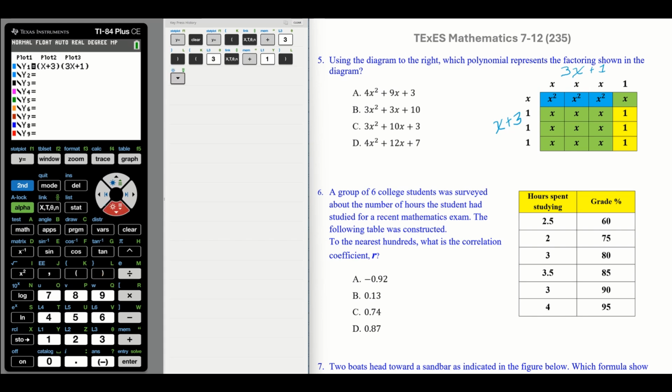Now, I'm going to come down and do a little FOIL on that. Well, I see. I think it's going to start with 3x squared. And at the end, 3 times 1 is 3. So which one would that be? C. You see what I did?